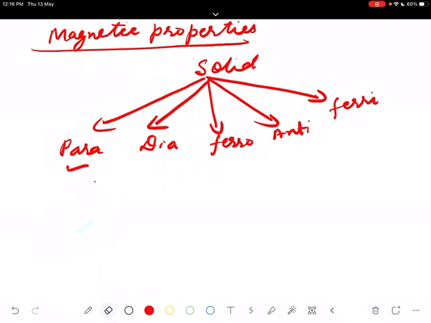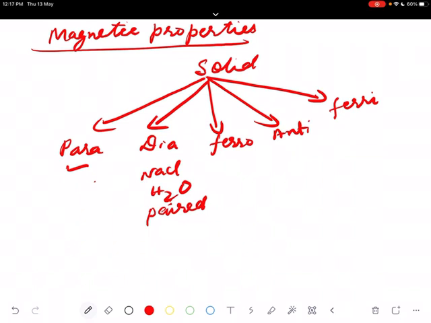Next, diamagnetism. Diamagnetic substances are weakly repelled by a magnetic field. For example, NaCl or H2O. It is shown by those substances in which all electrons are paired. So no unpaired electrons. Pairing cancels their magnetic moments.